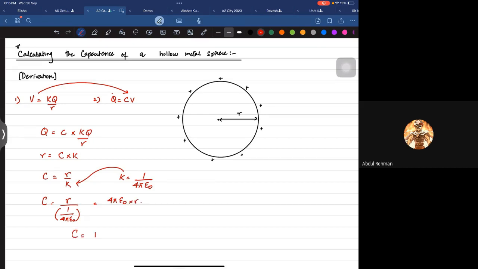So the capacitance will be like that. You guys get it? So this is the final thing that you guys need to do. I hope that's clear. Okay, write it down, please.